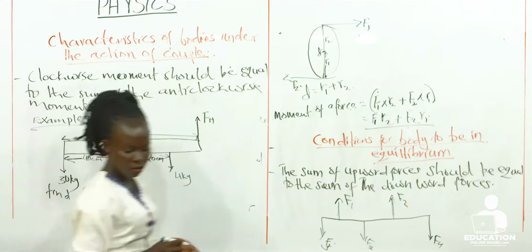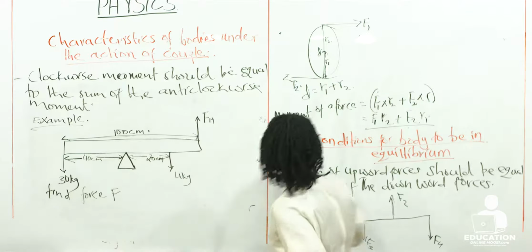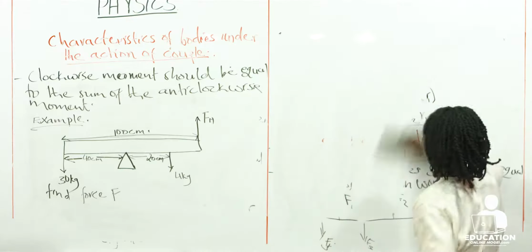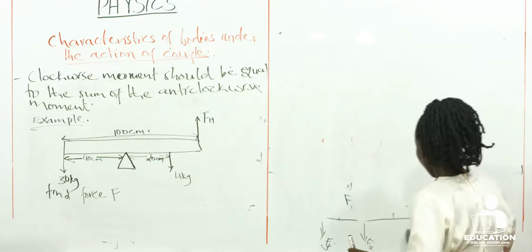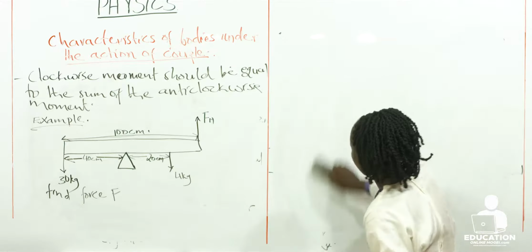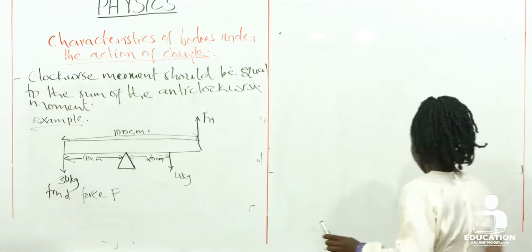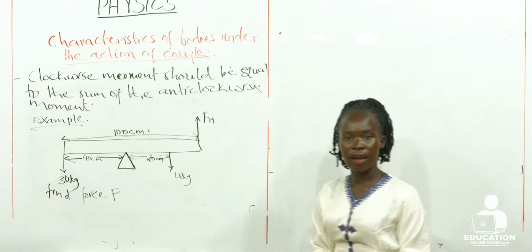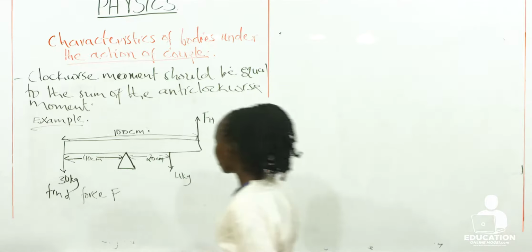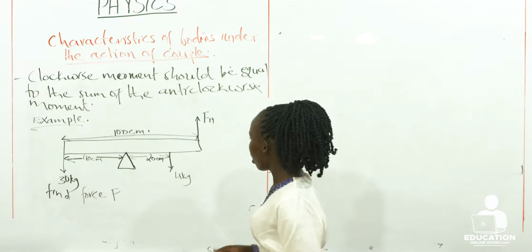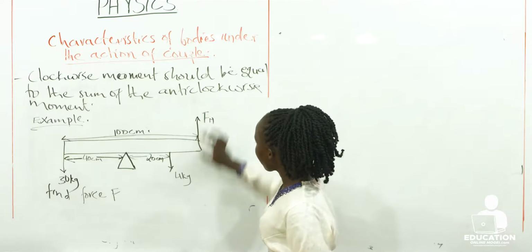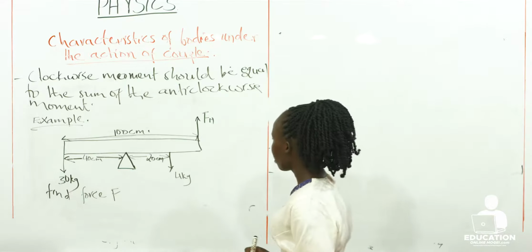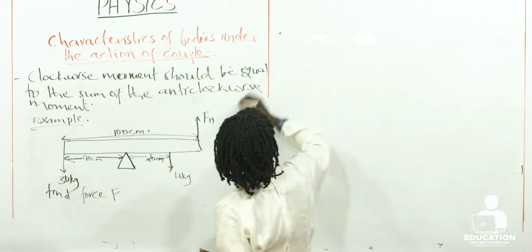How do we find this force F here? Let's take a look at this right here. So for us to find force F, we need to know in what direction these forces are acting. Are they in the clockwise direction or in the anti-clockwise direction? So how would you know that? Let's look at our F, because to find moment we need the principle of moments.